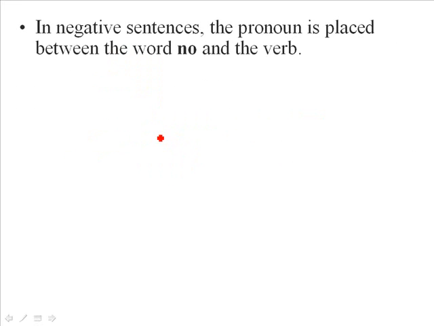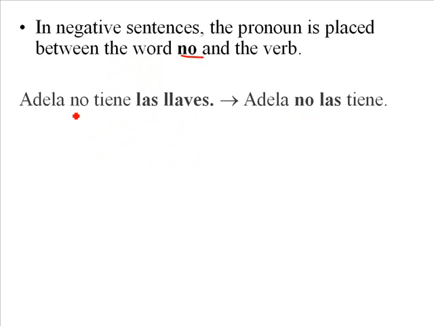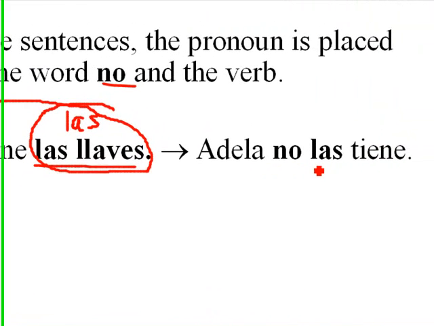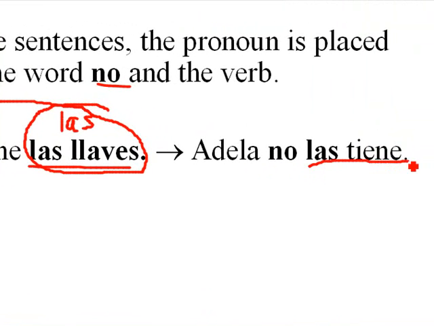Now, if it's negative, it's still going to go before the verb, but the no will not interfere between the two of them. Adela no tiene las llaves. Las llaves turns to las. We're going to take it and we're going to stick it in front of the verb, but the no is not going to separate the direct object pronoun from the verb. They're kind of married together and nothing will come and stand in their way.